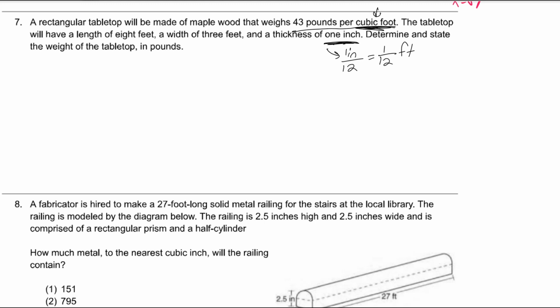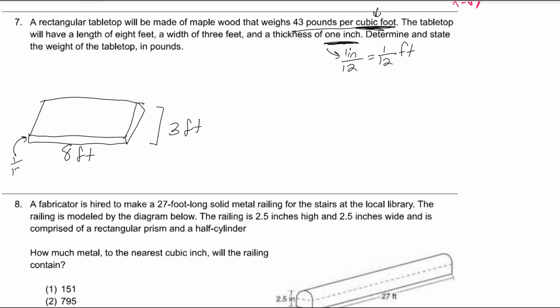Well, let me do my best to try to draw this. It's a rectangular prism, because they say it's a rectangular tabletop, that's 8 feet long, 3 feet wide, and then it's kind of thin. It's 1 inch deep, so all around that height of the prism is going to be 1 inch, or 1/12 of a foot.